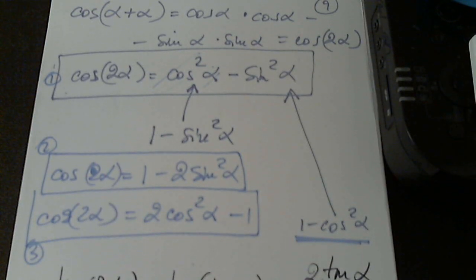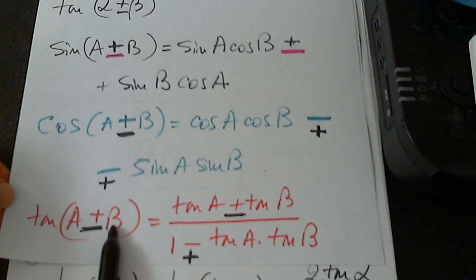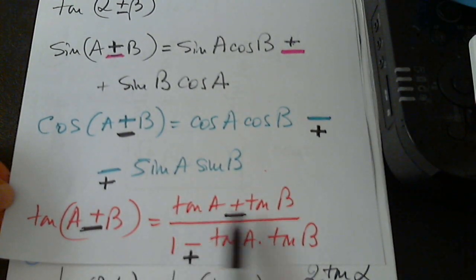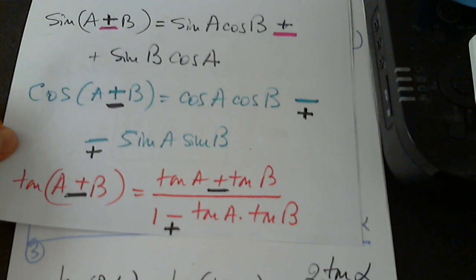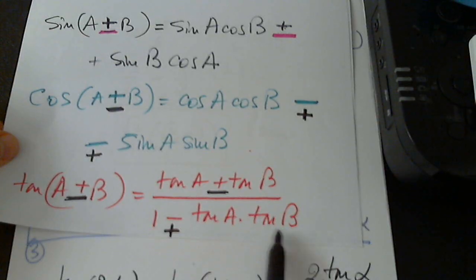Which formula? This one. Oh, I have it here. This one. Tangent A plus A. Tangent A plus tangent A is twice tangent A. 1 minus tangent A times tangent A is 1 minus tangent squared A.